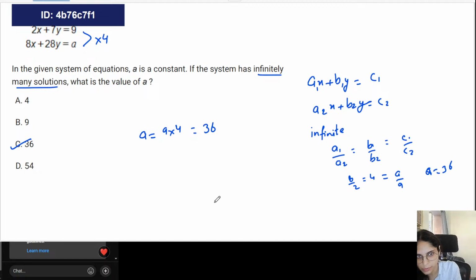Or you can just make a table: everything you're multiplying by 4, multiply by 4. Or you can also use cross multiplication, whatever works for you. But this is a very simple question. You just know 2 times 4 is 8, 7 times 4 is 28, so 9 times 4 is going to be 36. So your answer is 36.